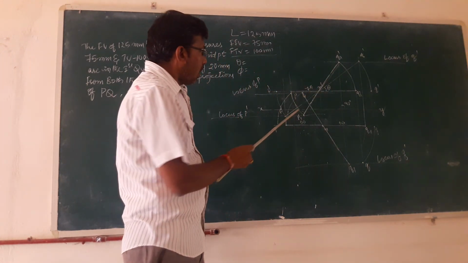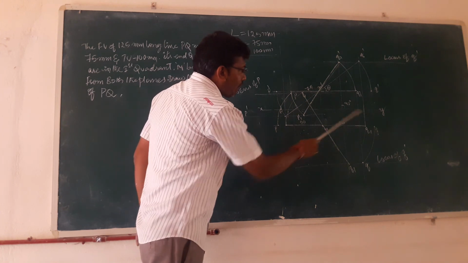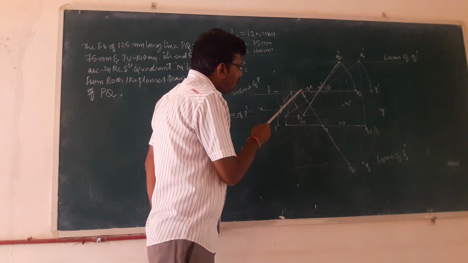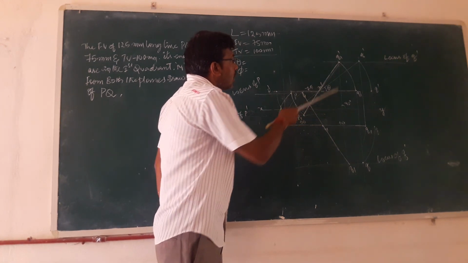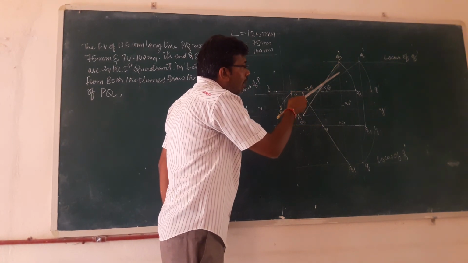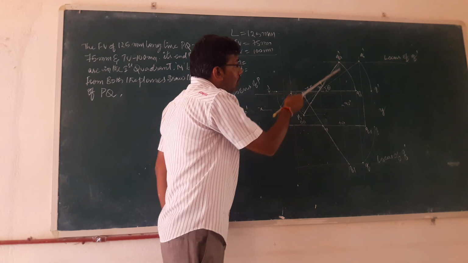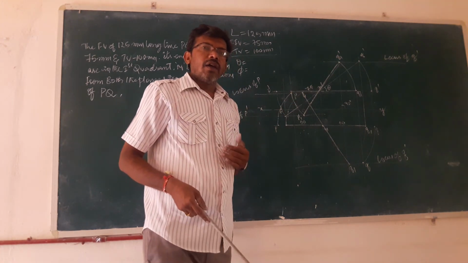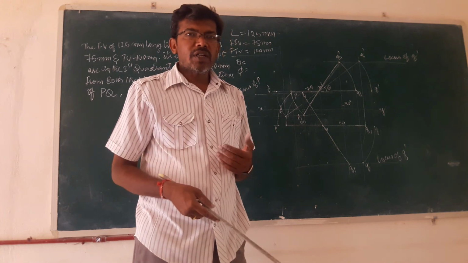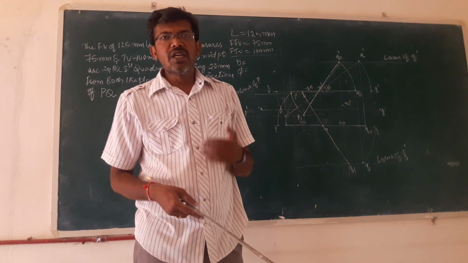So if a line drawn perpendicular to XY passing through any one of the points, it should cross the second point. In the same way, if you draw a perpendicular line to XY from Q dash, it should pass through Q1. Then you can confirm that your method of construction is perfect.